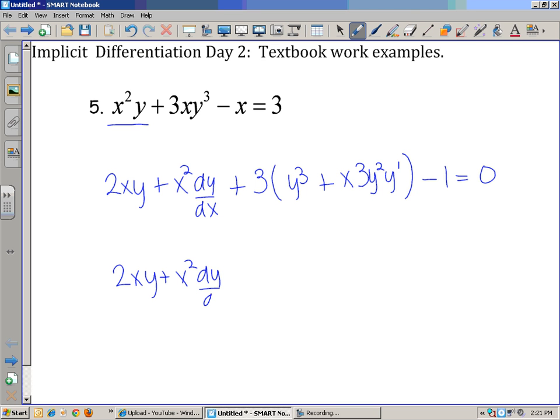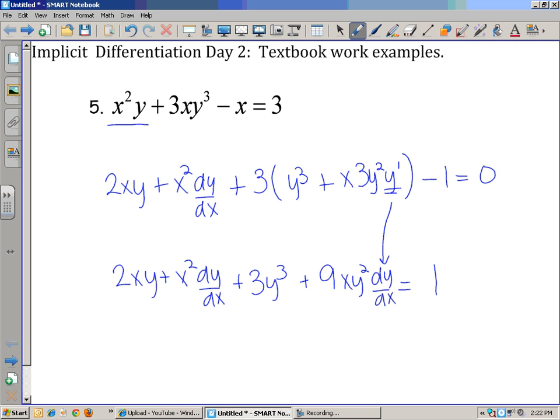Now I'm going to do dy dx on this example, and then notice I used y prime here. Y prime and dy dx are interchangeable. And so check my math, because it is very easy to lose something when you're doing this. And remember, y prime and dy dx are interchangeable. So yes, I changed it.